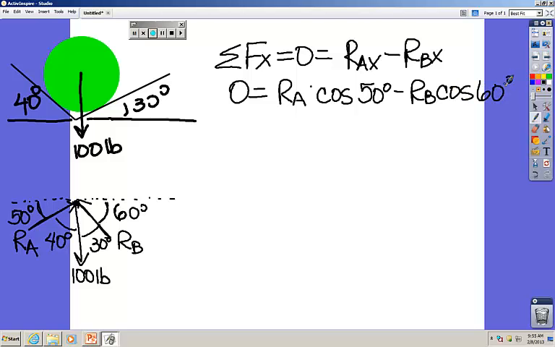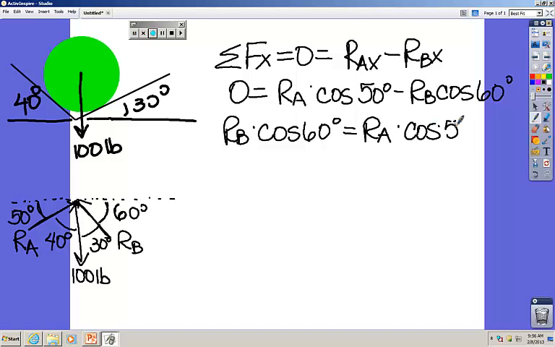Alright, so we have one equation and two unknowns, so we need to somehow solve for one of the variables. So let's go ahead and solve this. I'll rearrange it to get RB times cosine 60 degrees is equal to RA times cosine of 50 degrees. Now I can choose to solve for either one of the variables at this point.